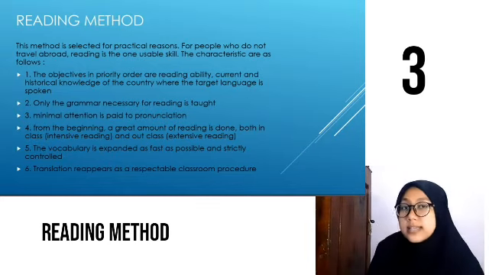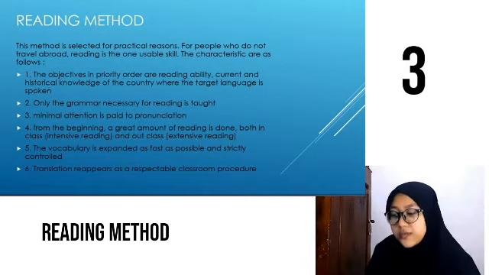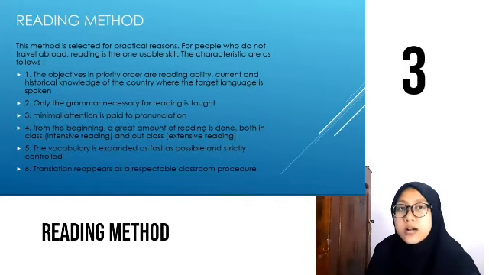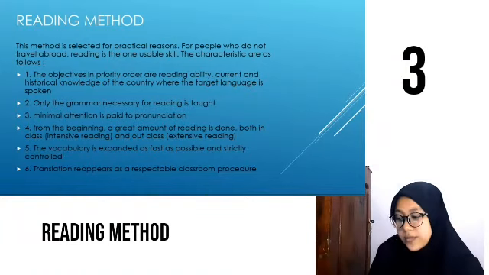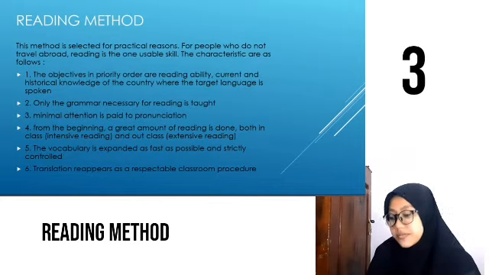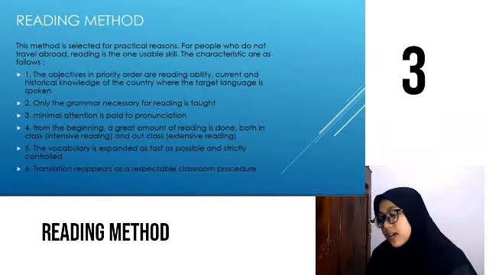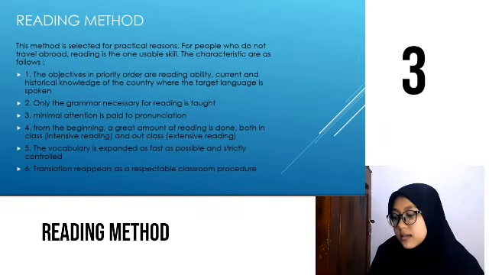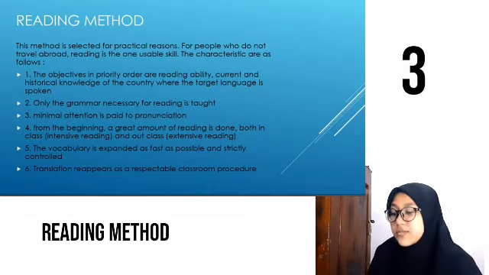Five, the vocabulary is expanded as fast as possible, since the acquisition of vocabulary is considered more important than grammatical skill. And the vocabulary of the early readings is strictly controlled. The last, translation reappears as a respectable classroom procedure. There are three methods of teaching English as a foreign language.